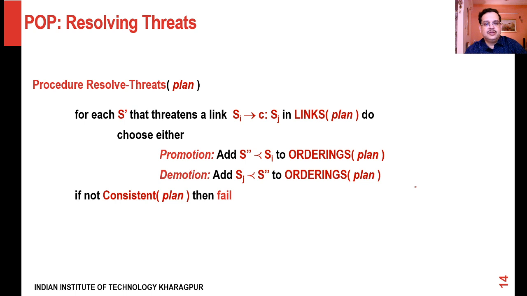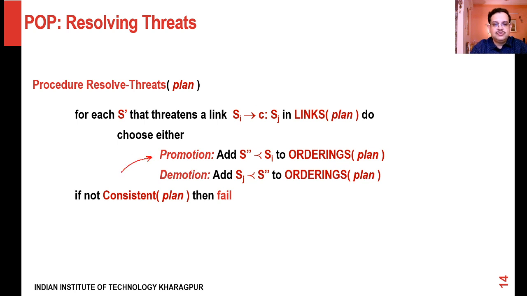So what the partial order planning algorithm does is that it looks at each and every link. Whenever you introduce a new action, it's going to see whether this action is going to threaten any of the existing links in your plan. If it does, then you try promoting it or you try demoting it. So this is a non-deterministic choice here that you see. I could either choose to promote it or I could choose to demote it.